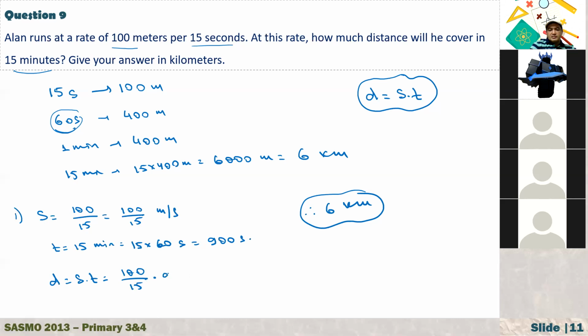And time is 900, so this two cancel each other. That's equal to 60. 60 times 100 is 6,000 meters. If you understand, okay, Sadiq. That is a general way, but we are going to learn this next year, not this year. I mean, when we use algebra, okay?